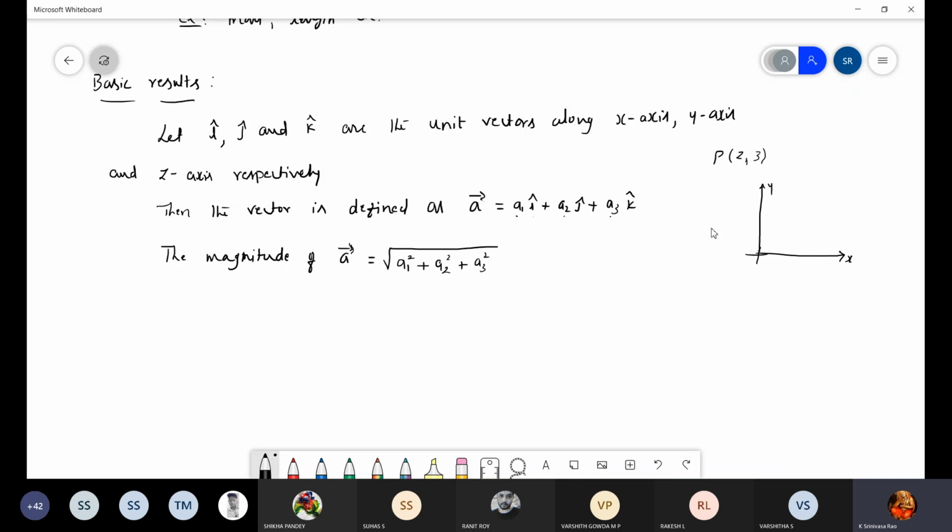From the origin, we measure the distance of x. The first one represents x, so 1 and 2. This is the point on the x-axis. This is 2, and this is 3 along the y-axis, say 1, 2, and 3. Combining both, you get this point P, whose address is 2, 3. Is it right? We mark the point on the graph in this way.